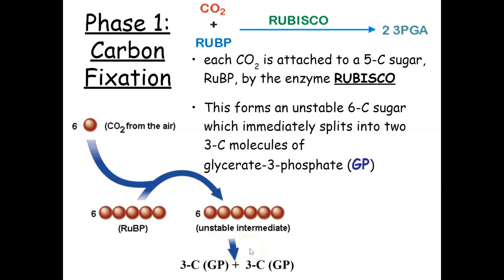These 2 3-carbon molecules are glycerate 3-phosphates, or GP. So if we were tracking all 6 carbon dioxides from the atmosphere, then we would have 6 RUBPs using 6 Rubisco enzymes, creating 6 unstable molecules, and that would give us 12 of our GP molecules.